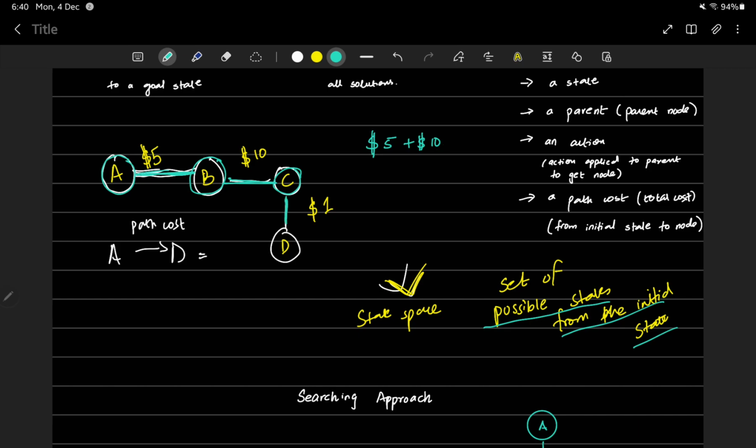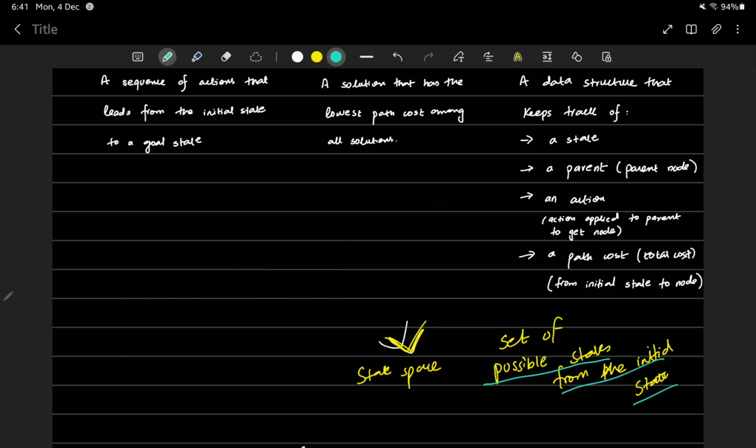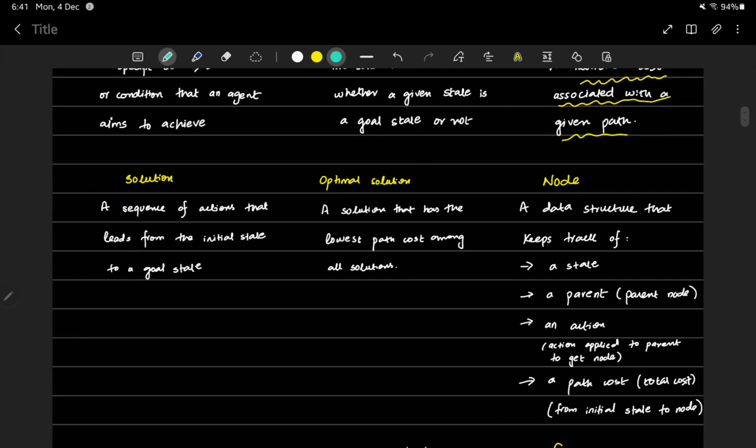And then from C to D, that is the only way to go to D, I'll spend $1. So what is the path cost from A till D? It is $16. Okay, as simple as that, nothing else. So that's my path cost.